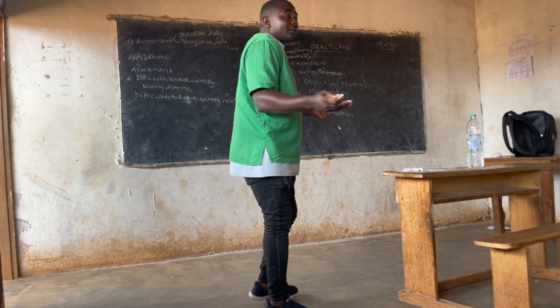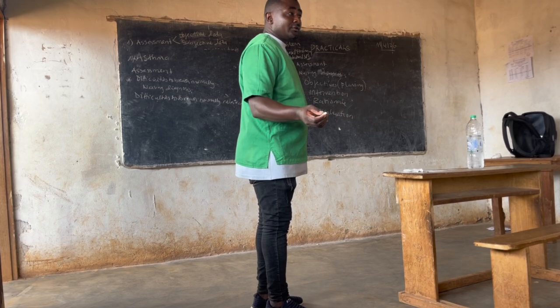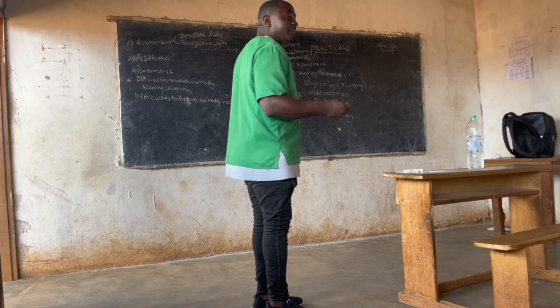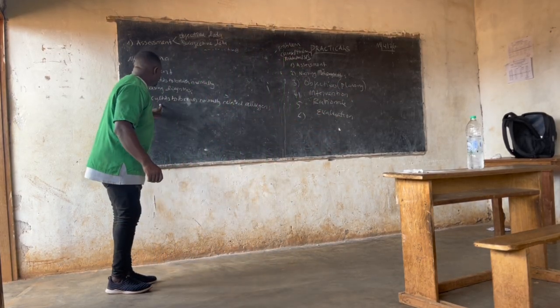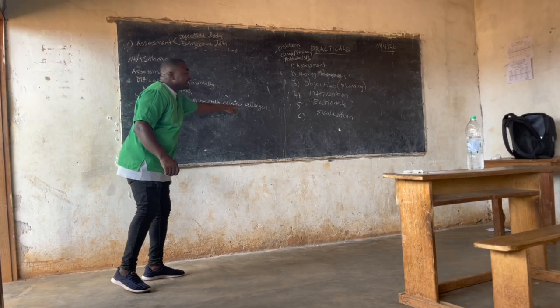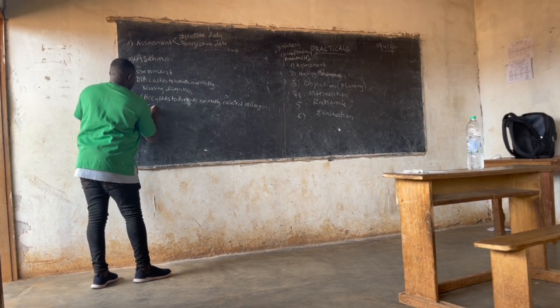How do we know that somebody is having asthma? What is the cardinal sign that I told you? I said the cardinal sign of asthma is wheezing. So we said difficulties to breathe normally related to allergy, evidenced by wheezing.